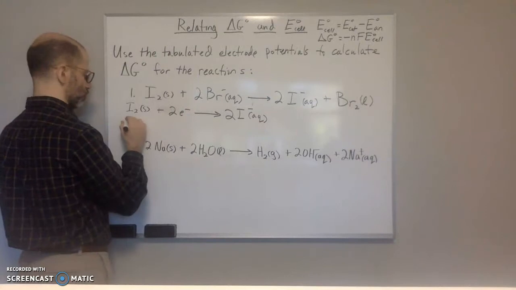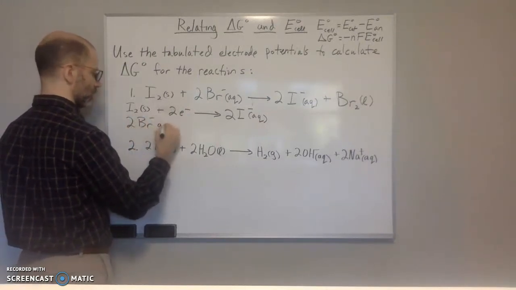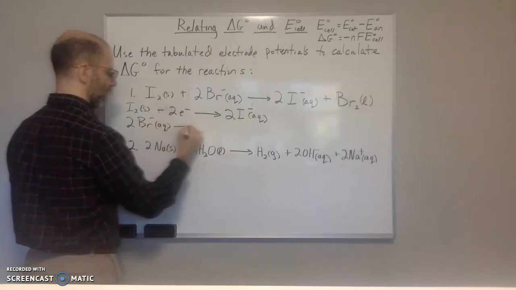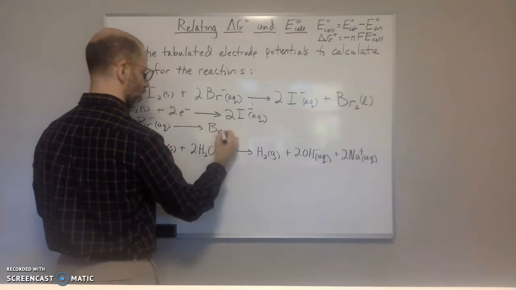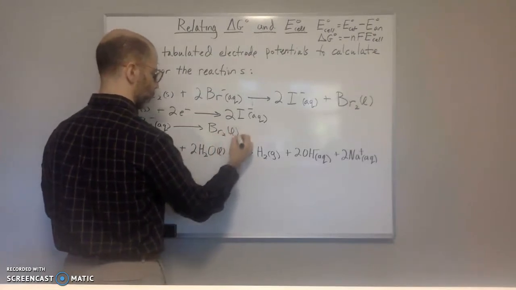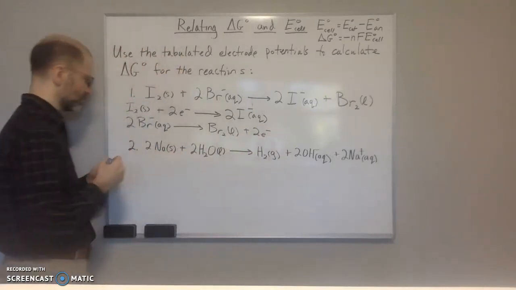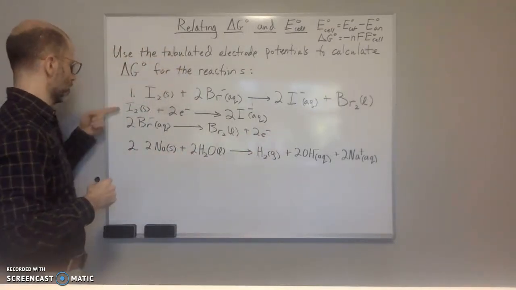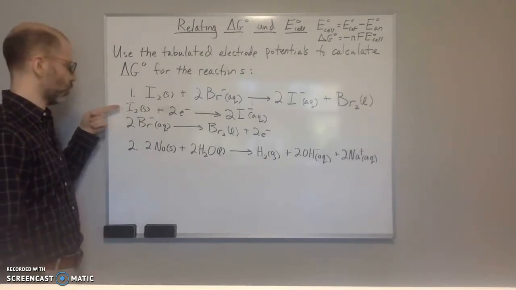And then we have the 2 Br minus aqueous. That's going to lose 2 electrons, and that's going to be Br2 liquid plus the 2 electrons. This one is gaining electrons, so that's reduction.